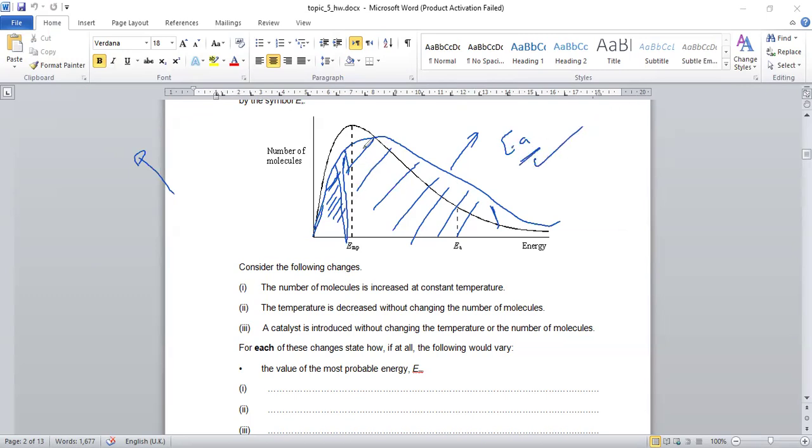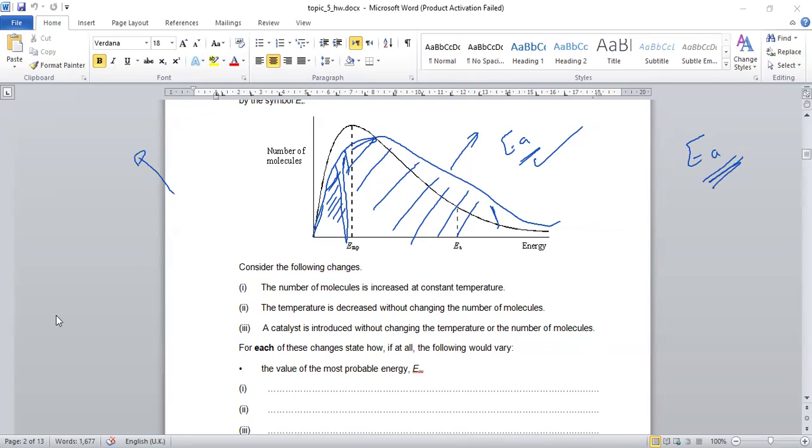So by increasing temperature, the curve becomes lower and wider in region B. That increases the number of molecules which have activation energy, and that increases the rate of chemical reaction.